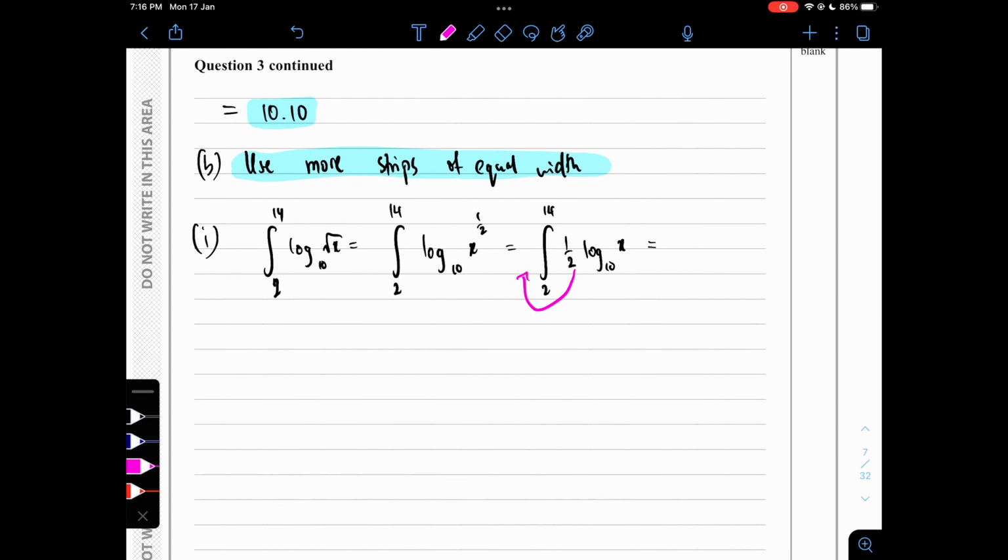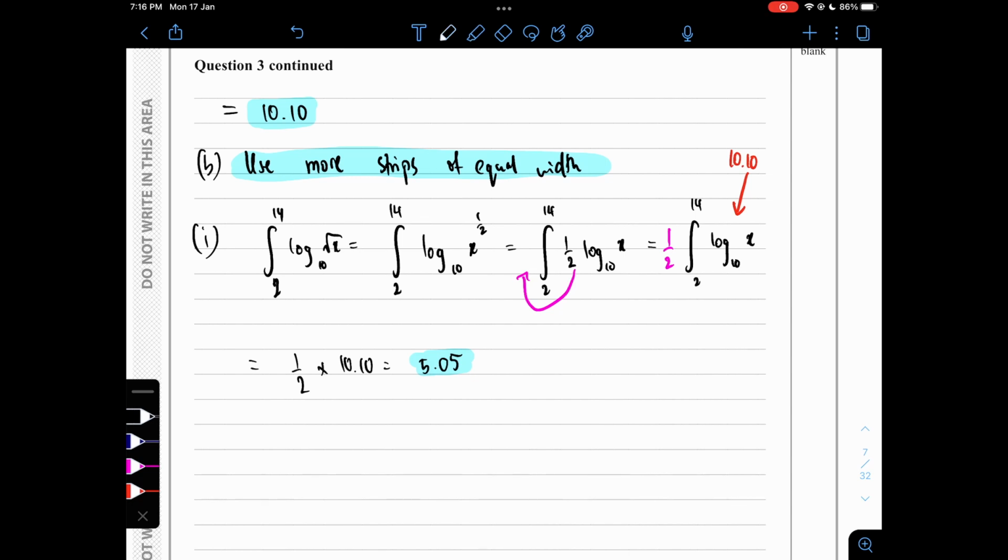So this becomes a half times the integral of log base 10 of x. And we know the value of this. This is 10.10, so the answer would be a half times 10.10, which is 5.05. So that is the answer for part I.